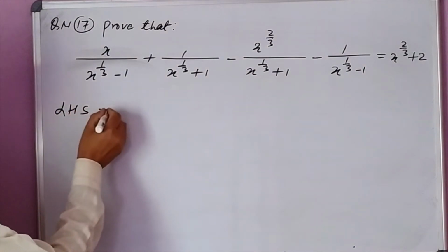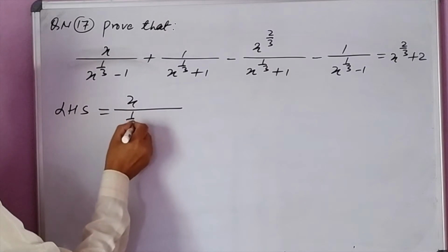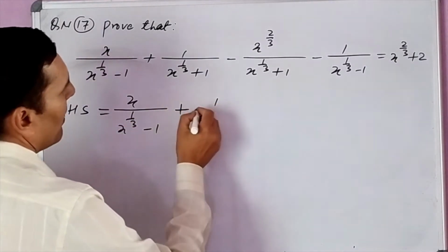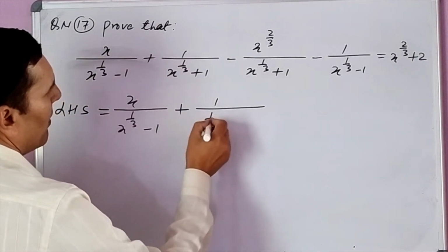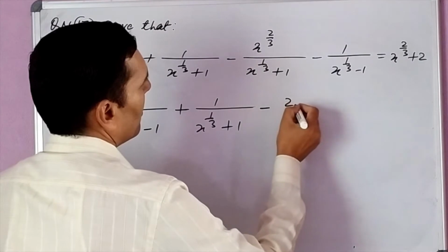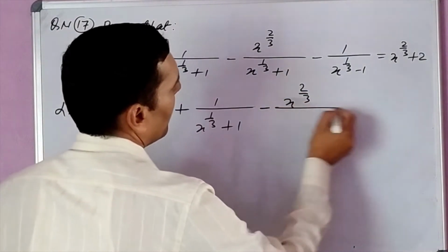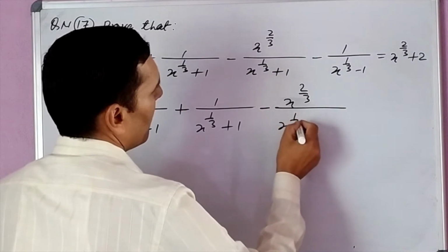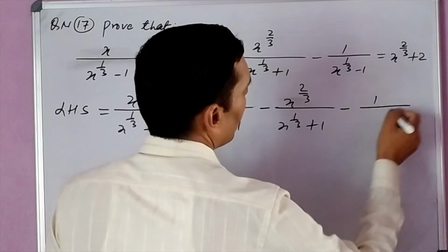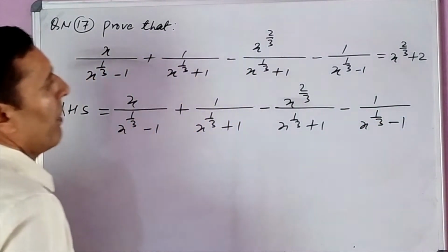So our left hand side is x upon x to the power 1 by 3 minus 1, plus 1 upon x to the power 1 by 3 plus 1, minus x to the power 2 by 3 upon x to the power 1 by 3 plus 1, minus 1 upon x to the power 1 by 3 minus 1.